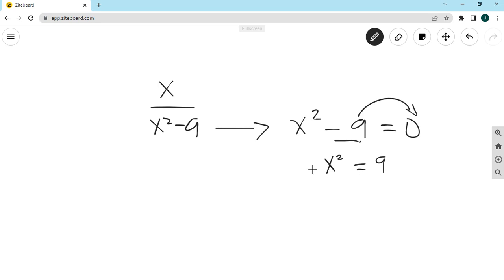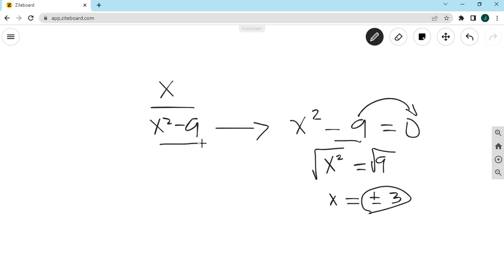Okay, to get the value of x, we should get the roots ng x squared and 9. Okay, so the square root of x squared is x and the square root of 9 is positive and negative 3. So, therefore, ang ibig lang sabihin nito, pag sinubstitute kasi natin ito, si positive 3 or negative 3, magiging 0 siya.